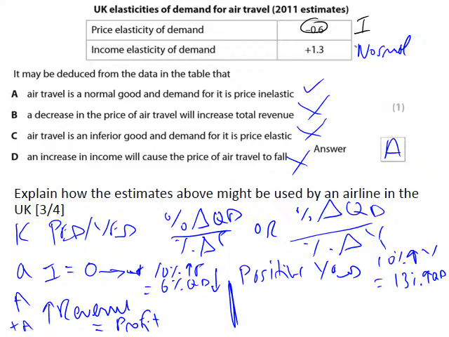If it's income elasticity of demand, you would say that if incomes are rising, then demand will rise, so the business would increase the supply of aircraft or of seats on a plane.